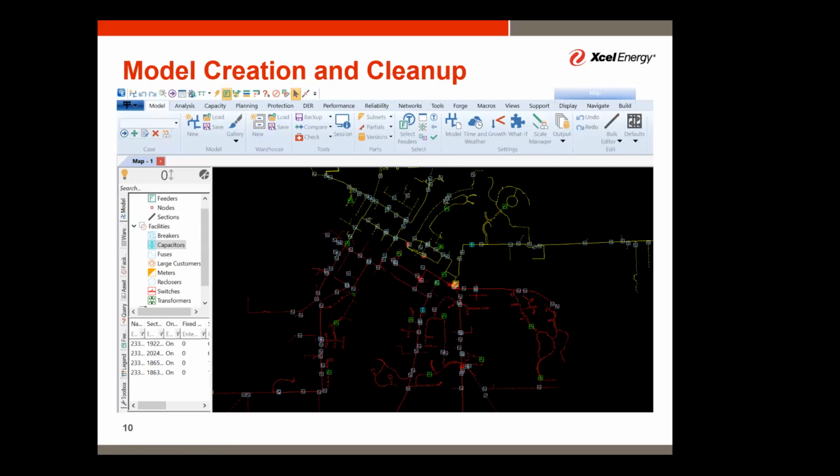The various symbols that you see on the feeders indicate equipment such as fuses, switches, capacitors, etc. You can also note that these pieces of equipment are highlighted on this facilities list to the left. From here, we can select any piece of equipment that we wish to inspect further. You can double-click on the piece of equipment and be brought directly to it and edit anything you need there.